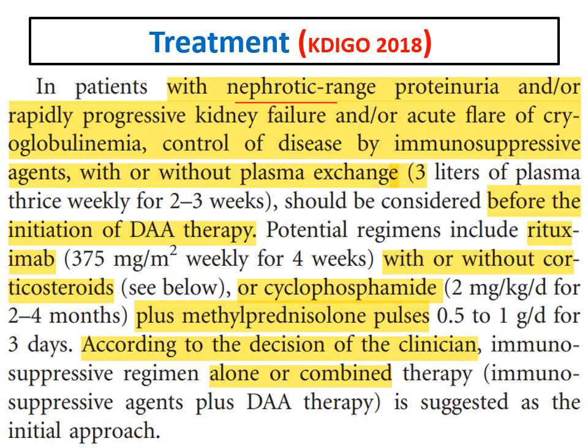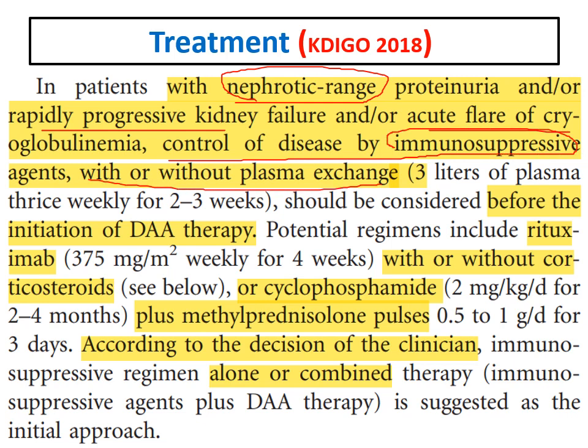In patients with nephrotic range proteinuria and or RPGN presentation and acute flare of cryoglobulins, control of the disease by immunosuppressive medications with or without plasma exchange should be considered. So in these severe conditions, nephrotic range proteinuria or RPGN or acute flare of cryoglobulins, we should treat with immunosuppressives with or without plasma exchange.